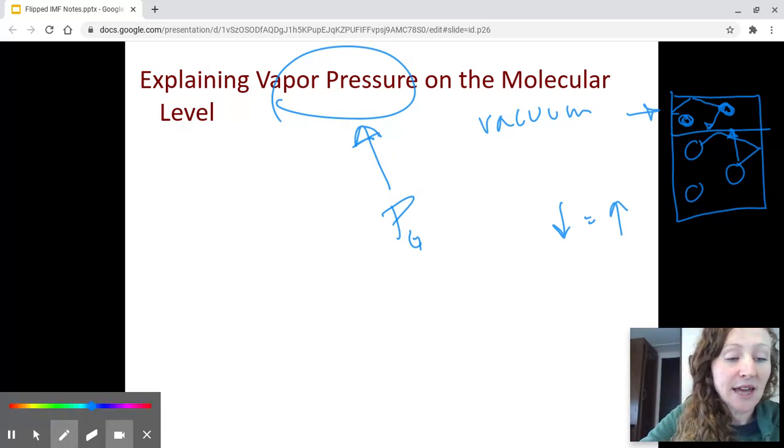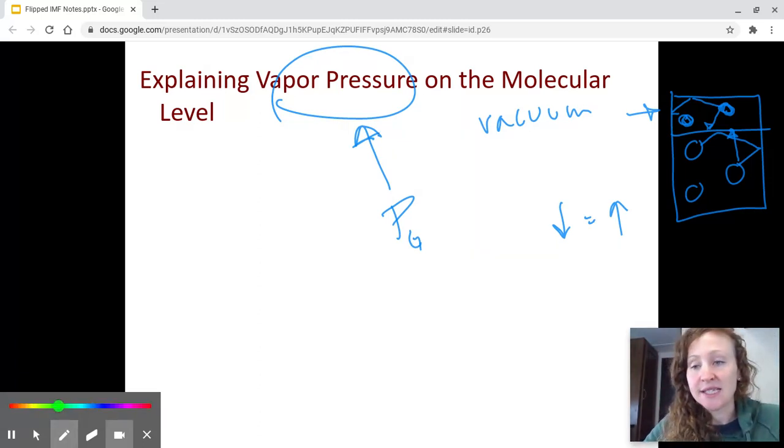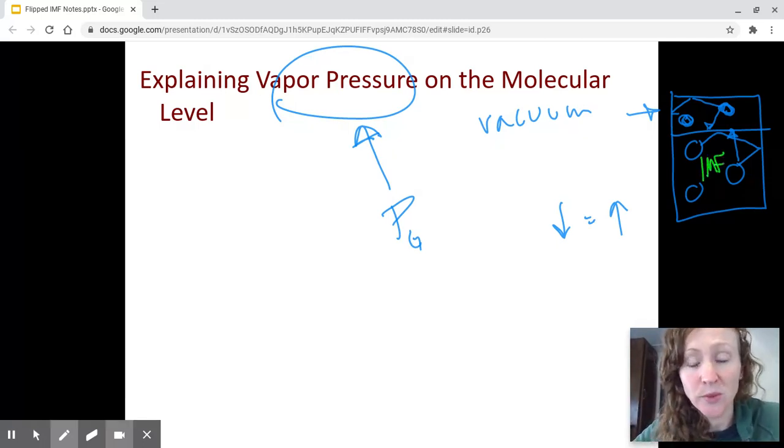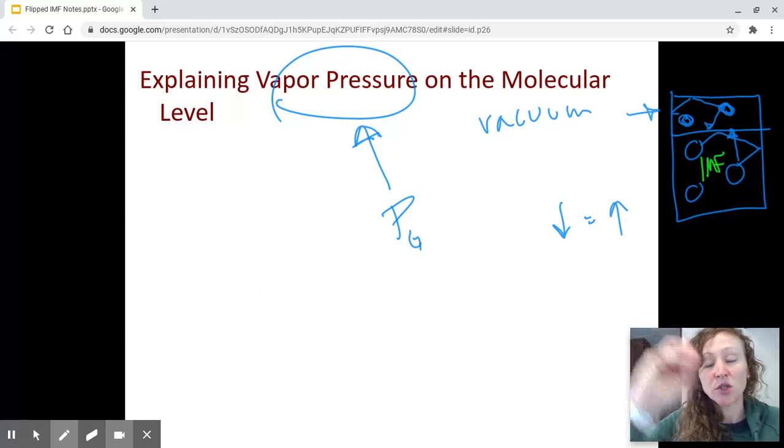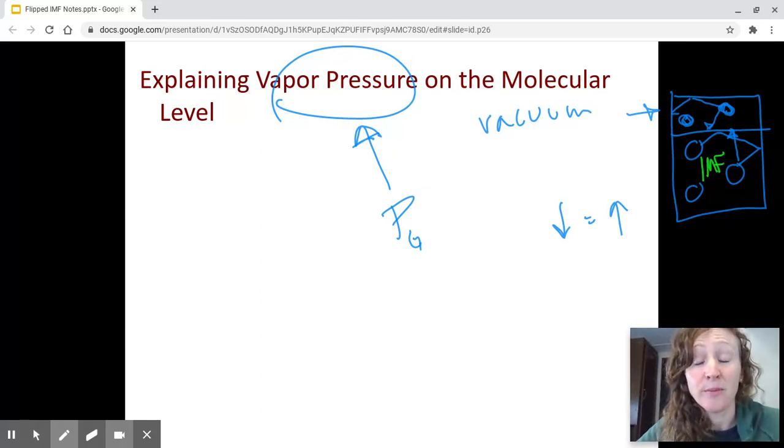So as that liquid is trying to escape into the gas phase, what kind of intermolecular forces are present? Well, that depends on what the solution is, right? If the solution is hexane, which is a nonpolar molecule, then the intermolecular forces that need to be overcome in order to escape the solution into the gas phase, for something that's nonpolar like hexane, are going to be London dispersion forces, and London dispersion forces only.